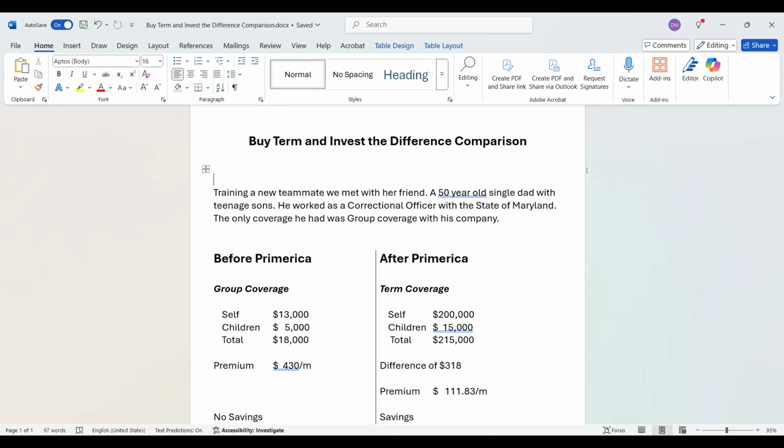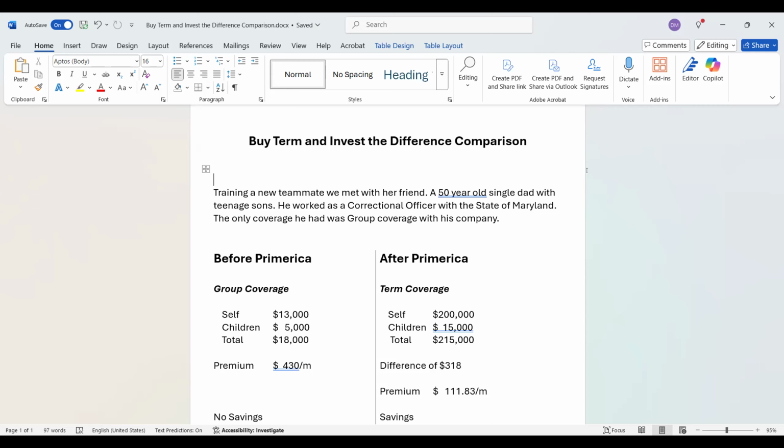So this is a gentleman that I went to sit with when I was training one of my teammates. He has a couple of kids. He was about 50 years old. He worked for the state of Maryland as a correctional officer. And anybody that works for the correctional officers is really offered insurance right up front by this IUL company.